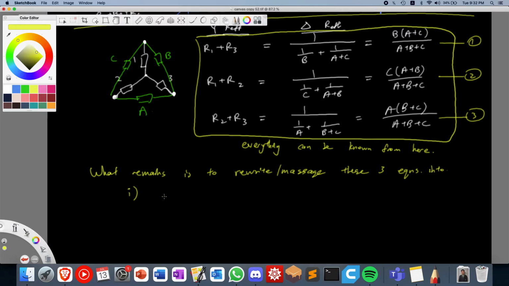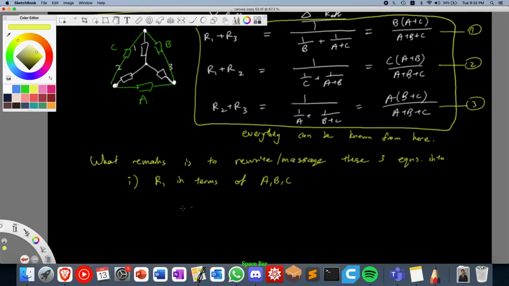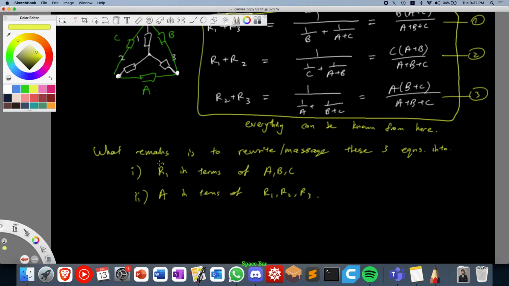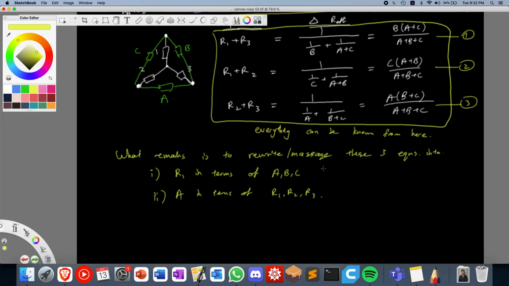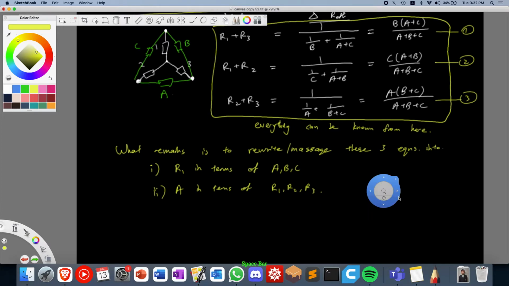Number 1, R1 in terms of A, B, C, or rather RA, RB, and RC. And number 2, A in terms of R1, R2, and R3. Of course R2 also, and the rest are the same thing, just cyclically permute the labels.